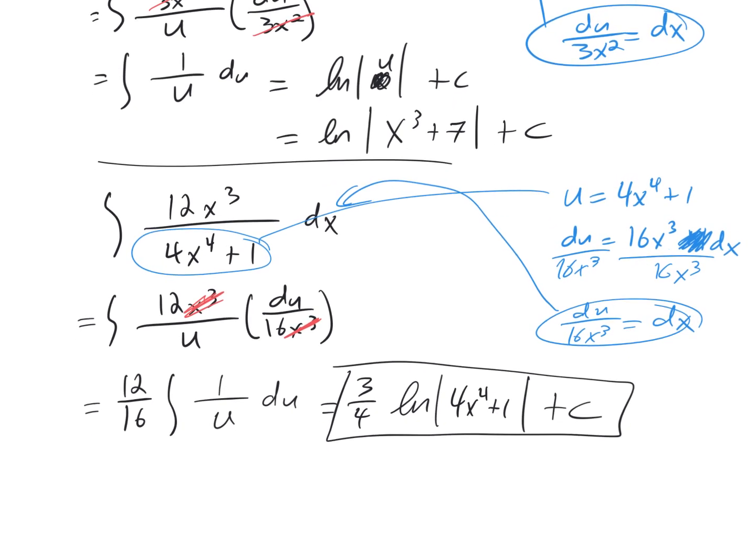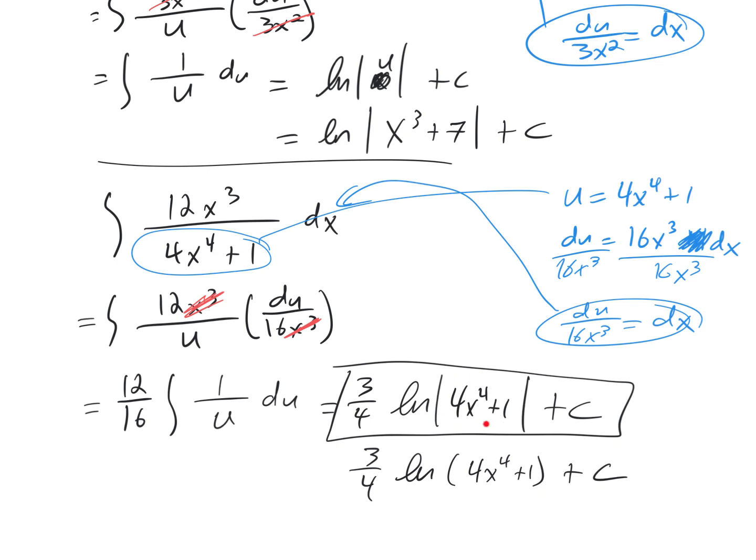If you notice that the argument of your logarithm, so 4x to the 4th plus 1, can never be negative because you raised the variable up to an even exponent and then you only added things afterwards, if you're convinced this can never be negative, you can drop the absolute value symbol here. So in some books, probably most books actually, they would show this as the natural log of 4x to the fourth plus 1 without the absolute values.